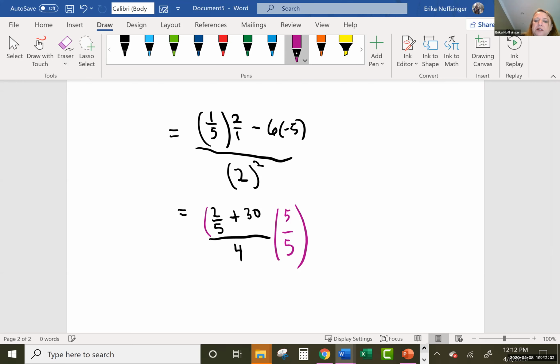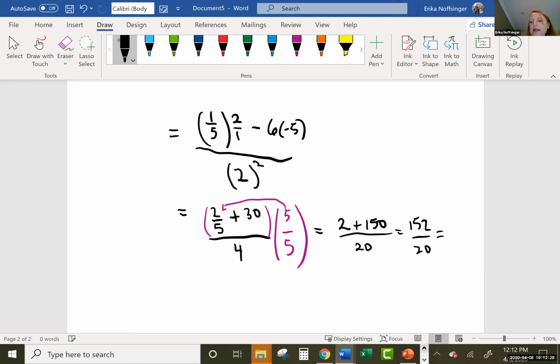So if we distribute that 5 to the 2/5, the whole point of multiplying by the 5 was so those 5s would cancel. The denominator would go away there and we'd be left with 2 plus 5 times 30 is 150, all over 5 times 4, which is 20. So we get 152 over 20.